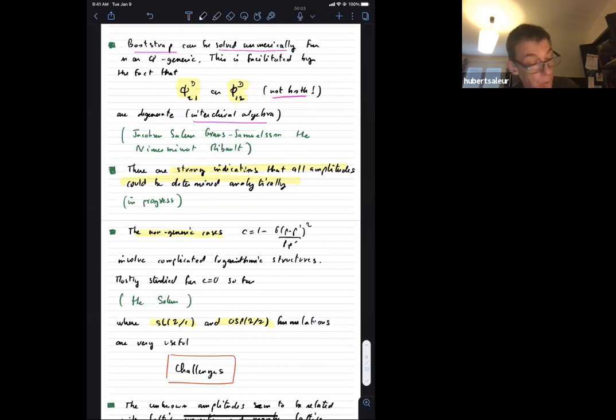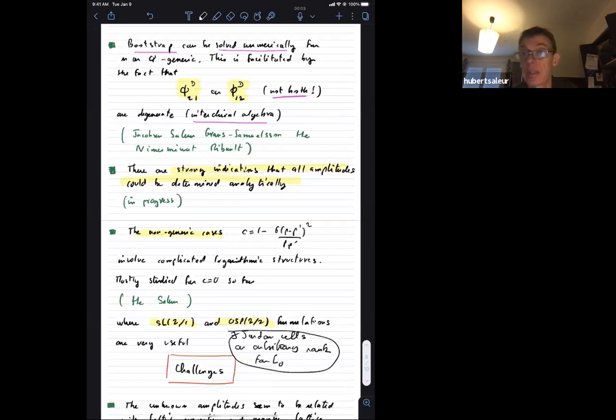So there are some things we know. In particular, we know that there are Jordan cells of arbitrary rank in all the non-generic cases. So that's definitely a problem. Not huge, maybe, but the structure is complicated.